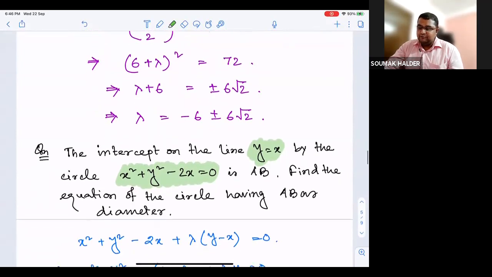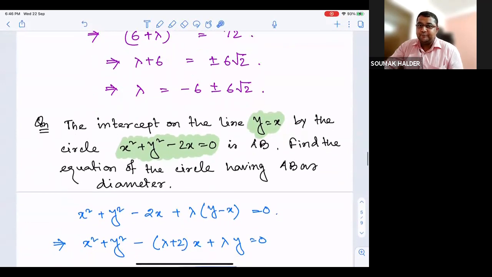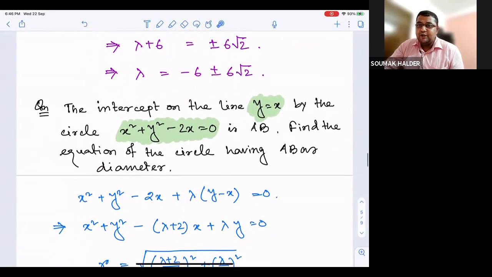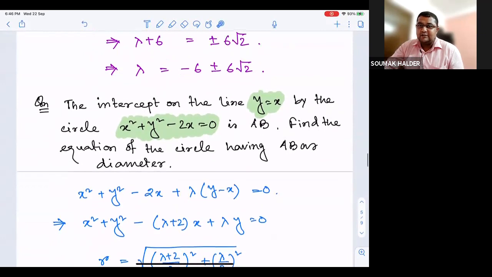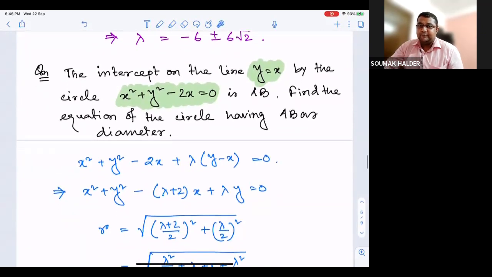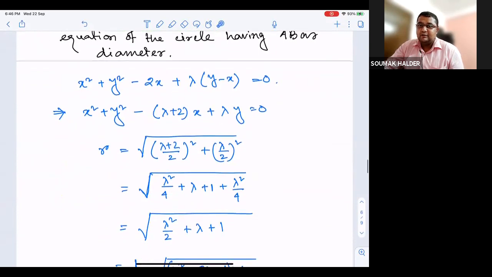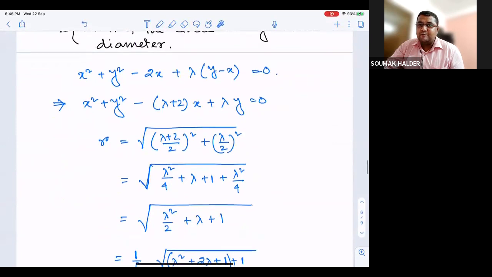Accordingly, firstly we have gone for this S plus lambda L is equals to 0 description and transformed the equation into the standard general form, and then we have determined the radius. Now, if we minimize the radius, that will give us the required member.